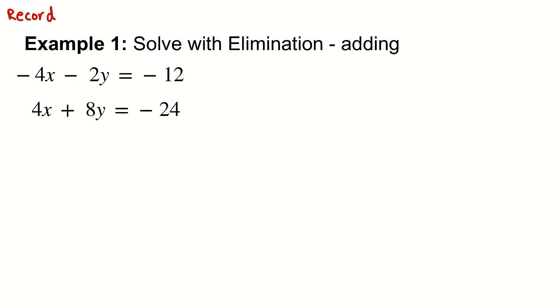The x's, yeah. In the first equation, we have a negative 4x, and in the second equation, we have a positive 4x. So if we add those together, we're going to get a 0x.